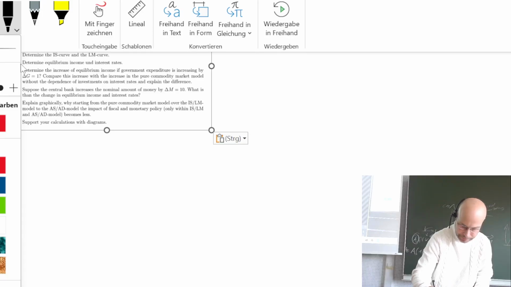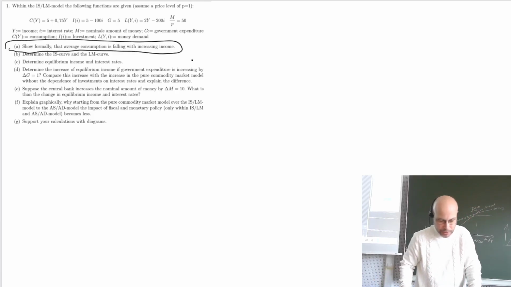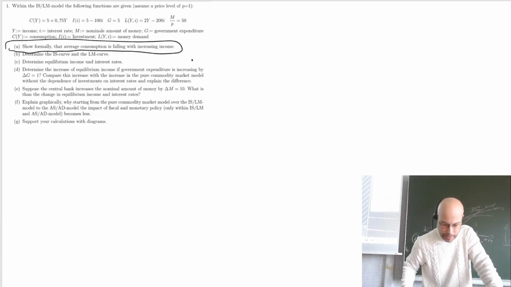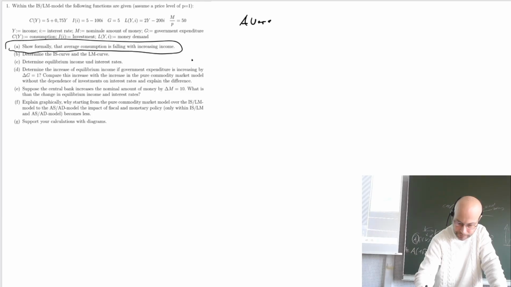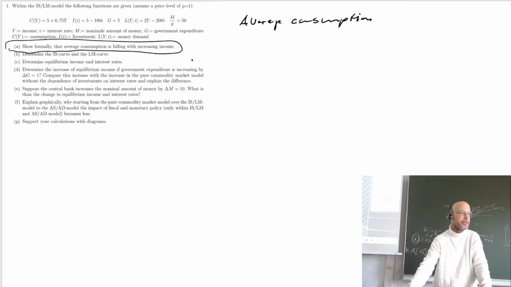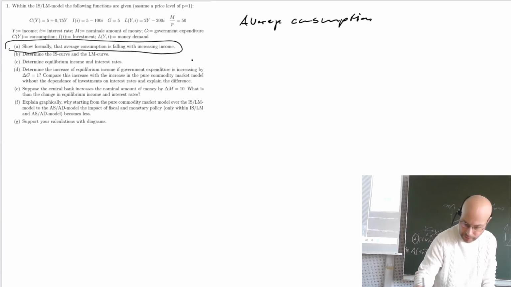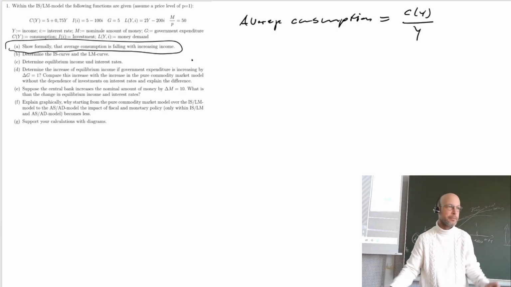Question A. So formally, that average consumption is falling with increasing income. What is average consumption? Well, this is the same as average costs. We divide total consumption by total income.